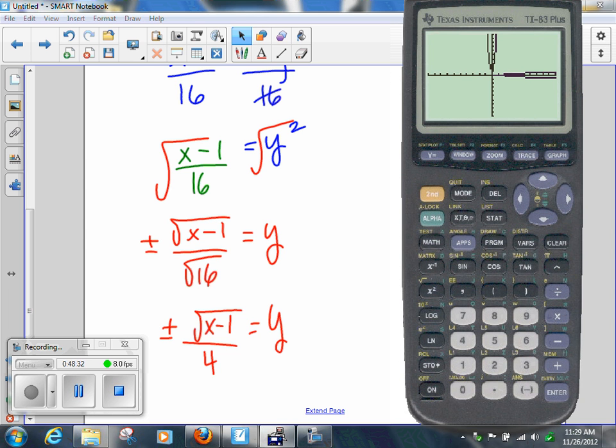No. Which is not a function? Ooh, that's a good question.